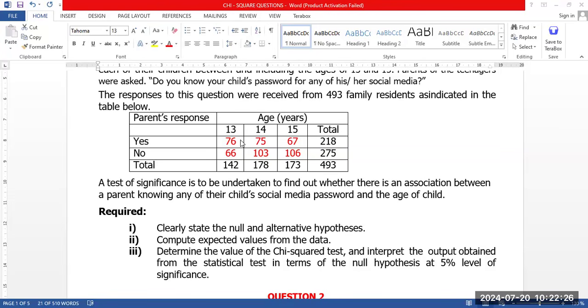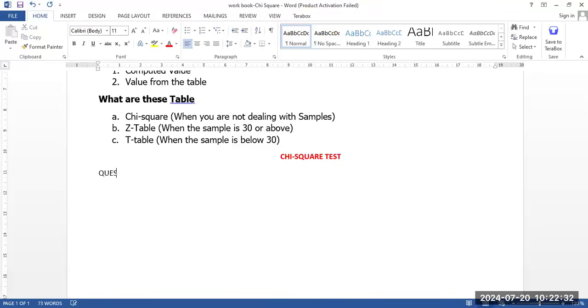So you can get your book. This is question 1. And our hypothesis now, number 1, is the null hypothesis. We always start with the null hypothesis.